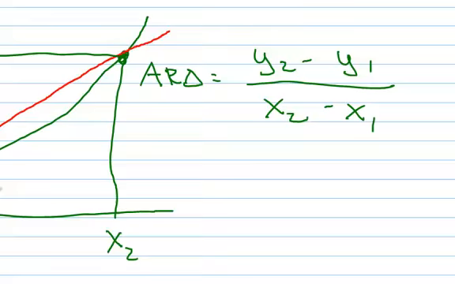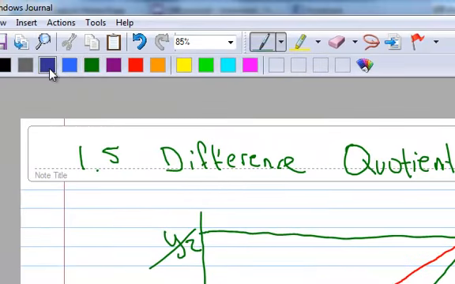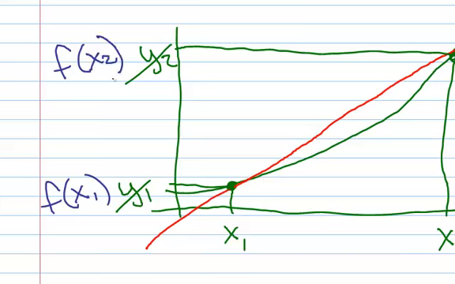Okay, so let's take that a step further. Let's get rid of these y's and let's use our function notation. So I'll pick a different color for that. So when I put x sub 1 in, what comes out in function notation looks like that. The function of x sub 1. When I put x sub 2 in, whatever value that is, what comes out is the function of x sub 2.